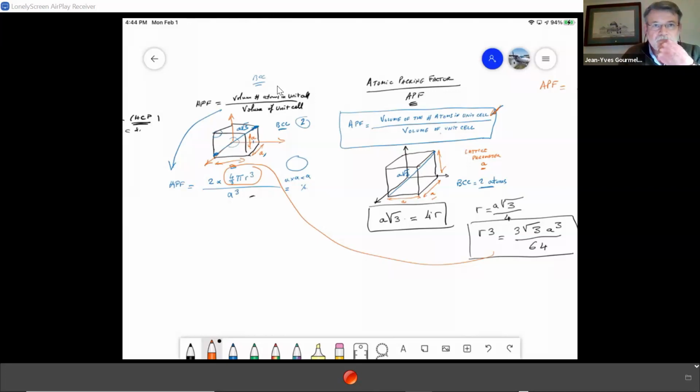You're going to have 2 times 4 thirds pi times 3 root 3 A cubed, divided by 64 A cubed.